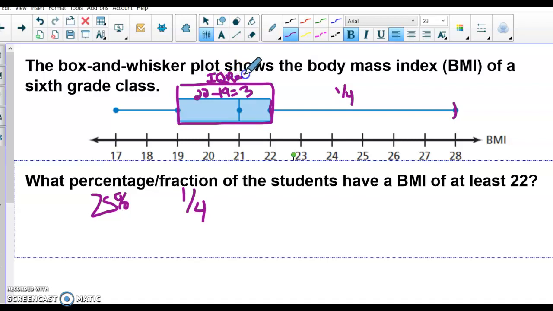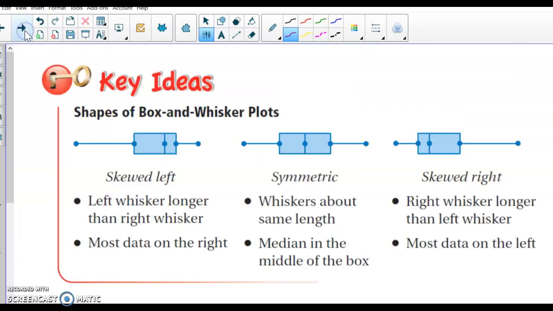That means this is 25% of your data, and this is 25% of your data. That means 50% of your data is within 3 of 19 through 22. So that's pretty cool. That means you have less variability and a tight data set between 19 and 22 for 50% of your students as well.